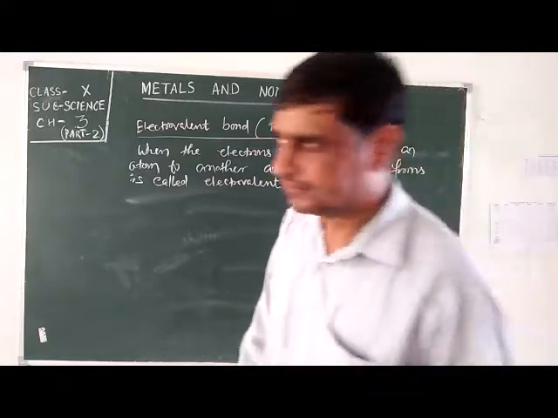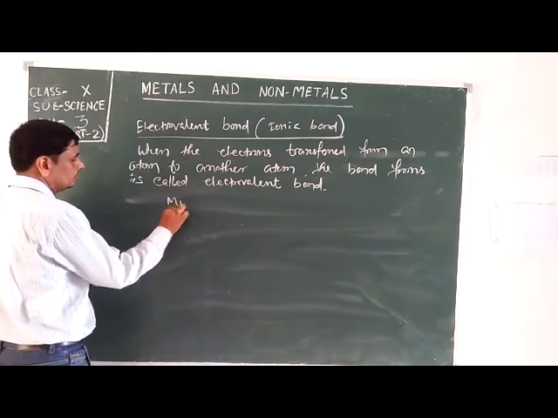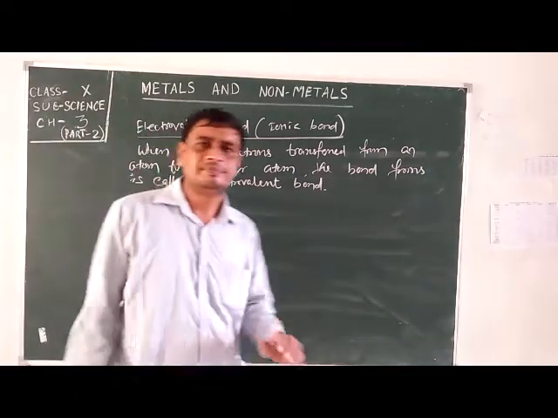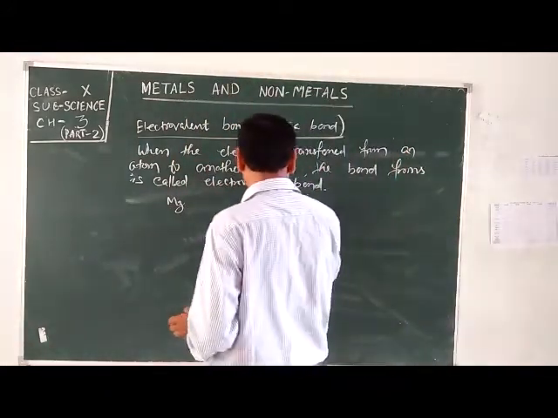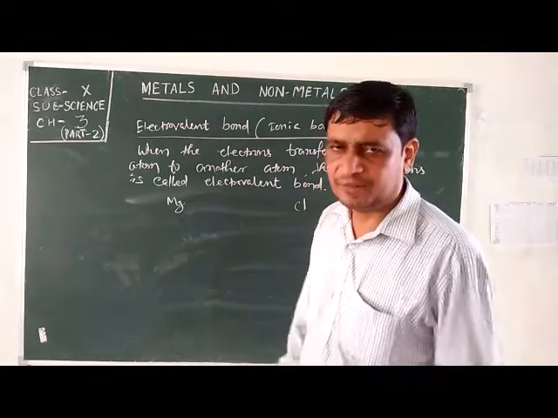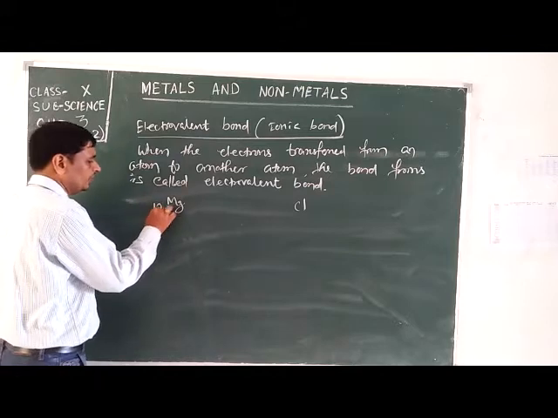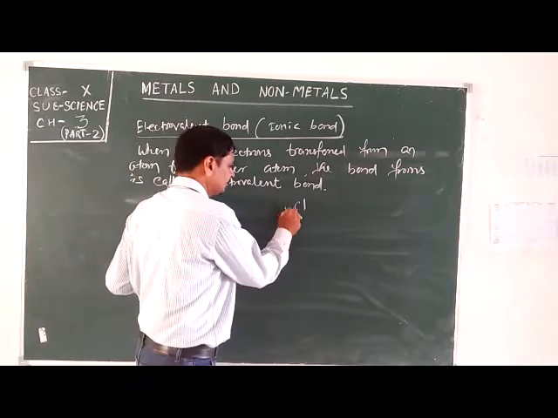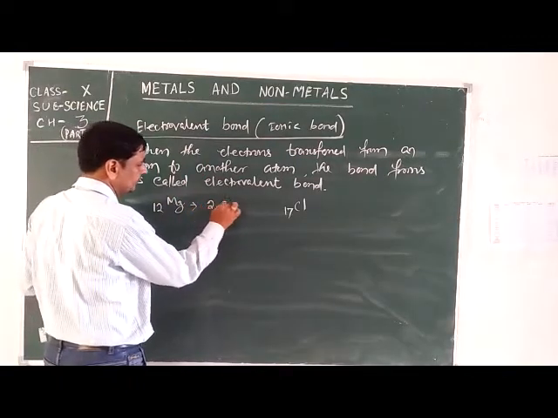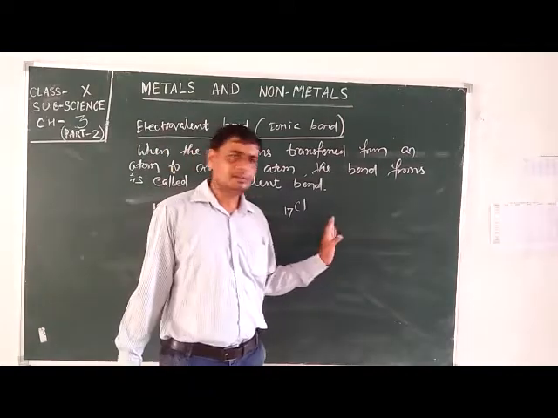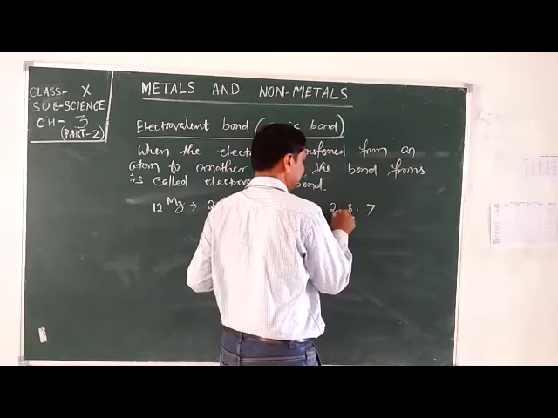Let's do an example. When magnesium reacts with chlorine, how will they form a bond? Magnesium has atomic number 12 and chlorine has atomic number 17. The electronic configuration of magnesium is 2, 8, 2, and for chlorine it is 2, 8, 7.